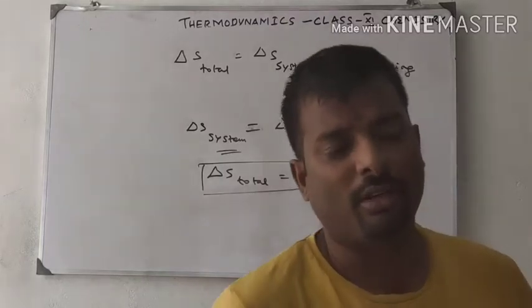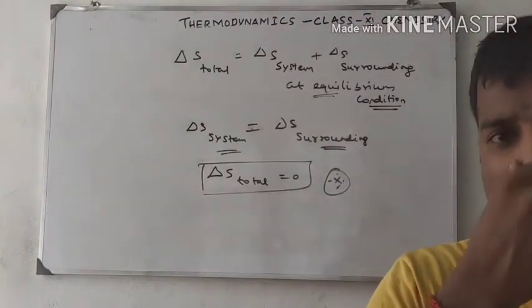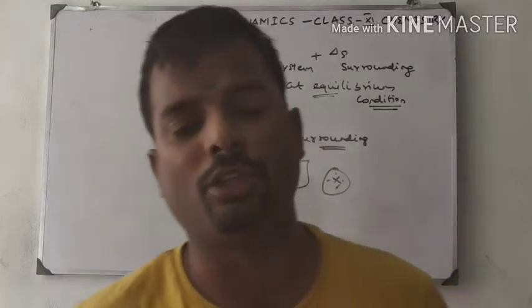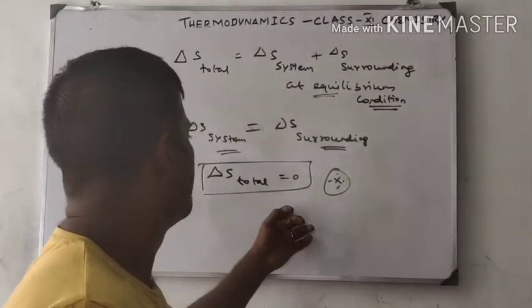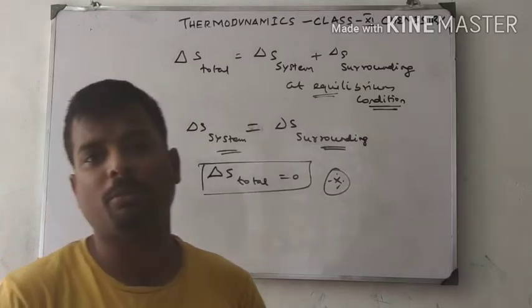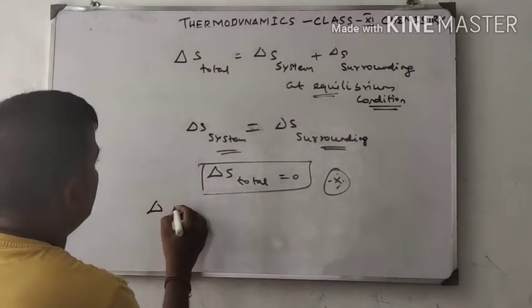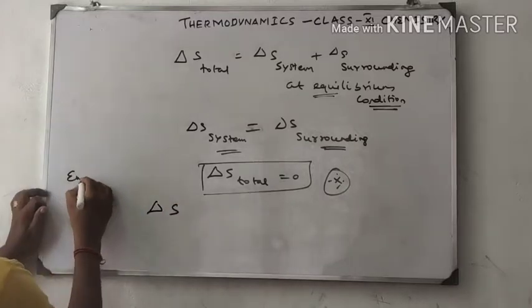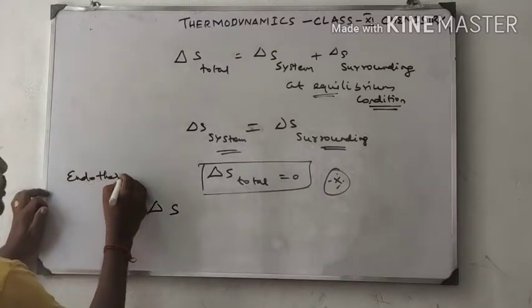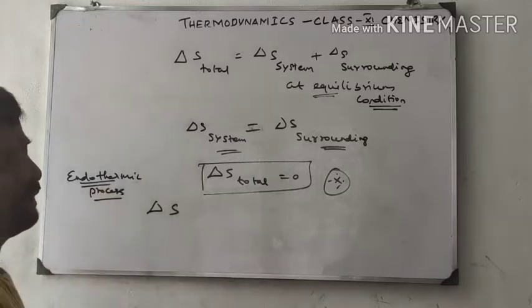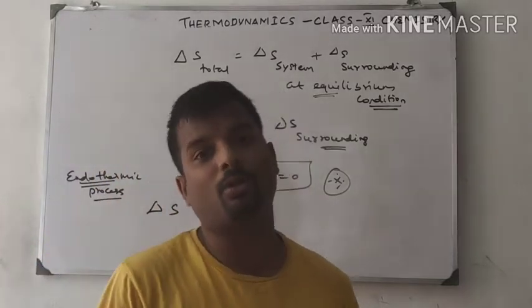These are all the conditions that decide whether the reaction is spontaneous or non-spontaneous. So delta S is 0 means equilibrium. Delta S is positive means spontaneous. If delta S is negative, what happens? In the case of endothermic process, some endothermic processes, not all the endothermic processes.